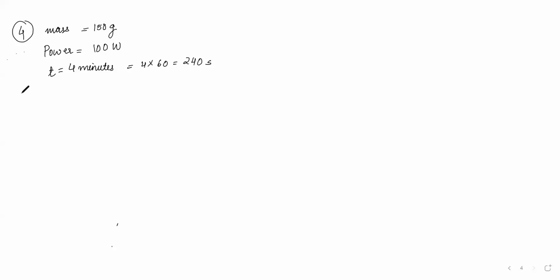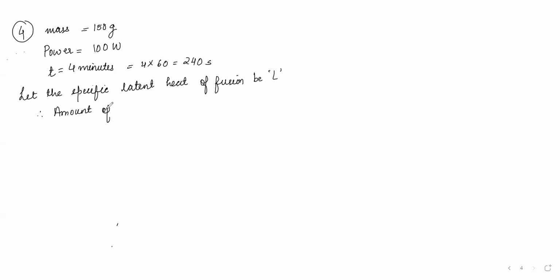So we will be writing, let the specific latent heat of fusion be L. Okay, then obviously you will be writing, therefore, the amount of heat released will be how much, children? This is equal to M into L. Okay, so M into L.